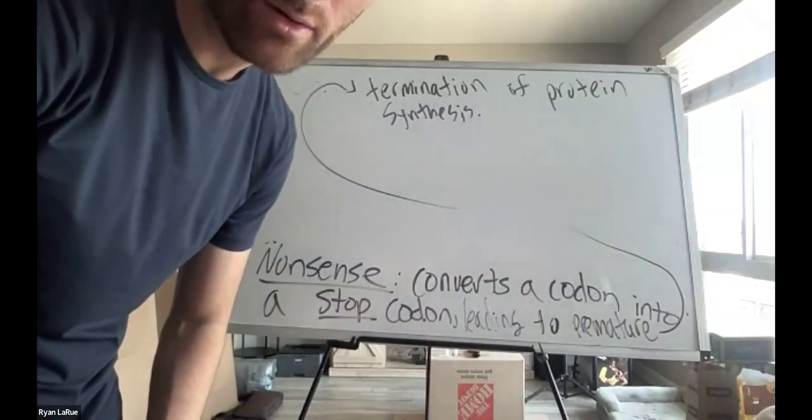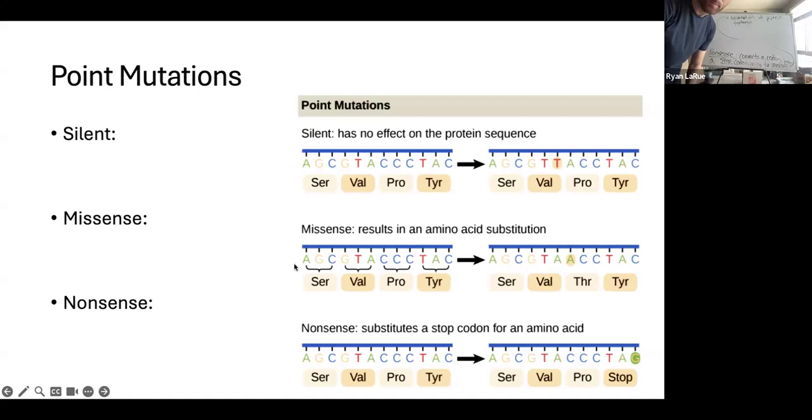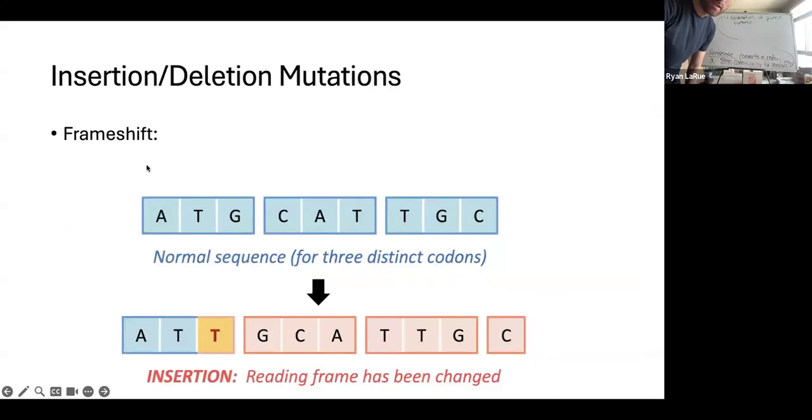Okay, so there's one more category of mutations I want to talk about, which is our insertion/deletion mutations. So this isn't a change in a nucleotide. It's adding an extra one, usually one or two, or it's deleting one, getting rid of one. In this example shown here, there's an insertion.